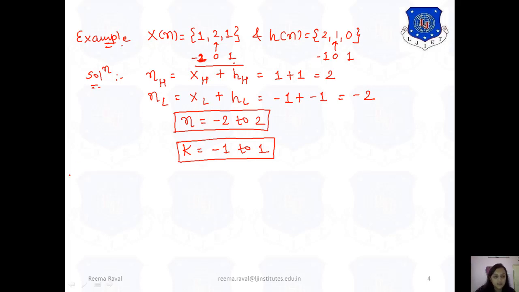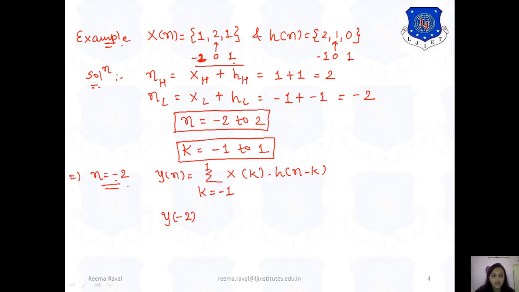Now let's start with the first value, n equals minus 2. Using the convolution formula, y of n equals summation of k equals minus 1 to 1 x of k into h of n minus k, we get y of minus 2 equals summation of k equals minus 1 to 1 x of k into h of minus 2 minus k.